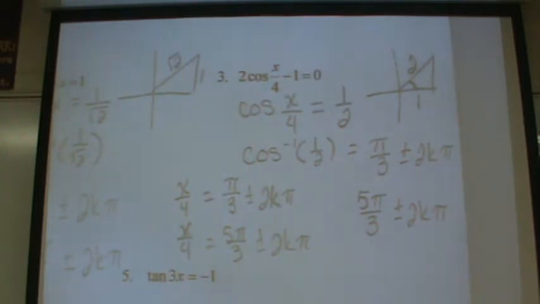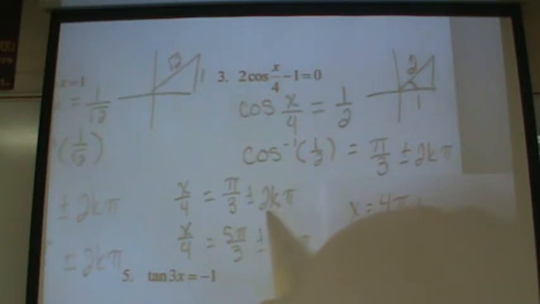And when you multiply by 4, remember that you are multiplying the entire thing by 4. So you're going to end up with x equals 4 pi over 3 plus or minus. Multiply this 2k pi by 4. So you end up with 8k pi.